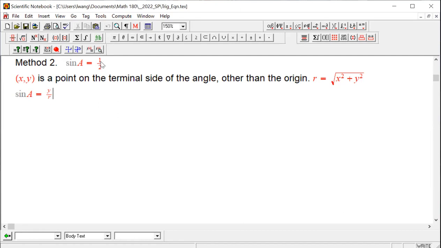Y over R is half. Because the point can be arbitrary, we only need one point. When we talk about the unit circle, any point will do as long as it is not the origin.